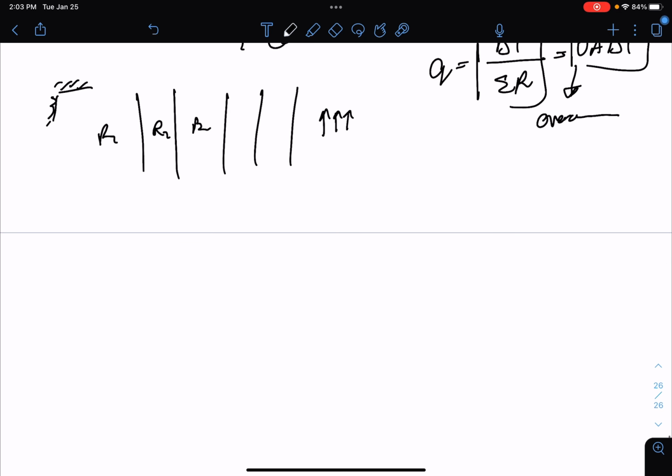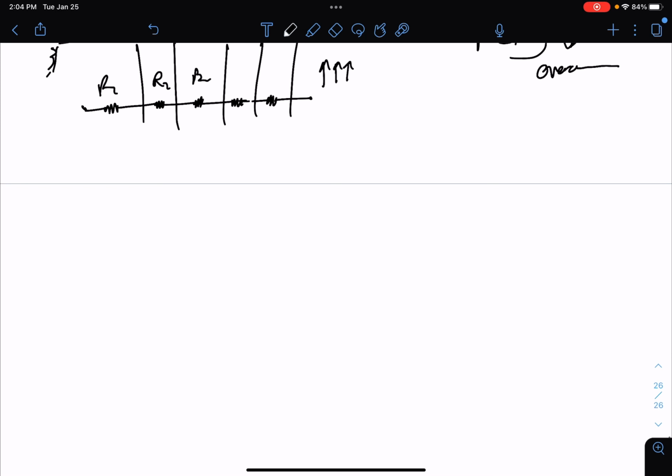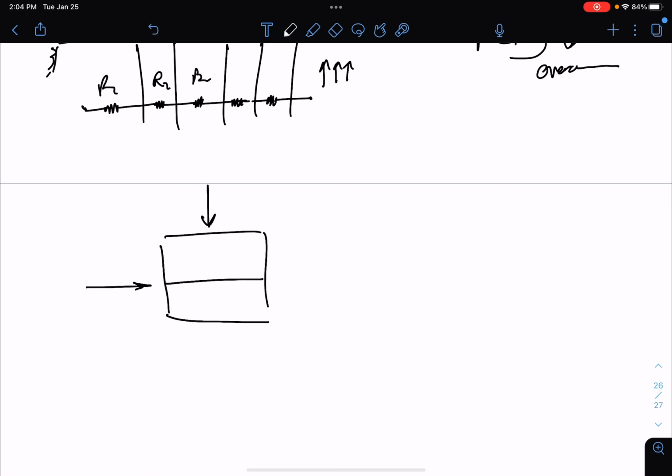But so far we have only talked about the series resistances, right? So these resistances are in series with each other. What if they are parallel to each other? This type of wall. Let's say you have heat coming instead of this orientation, this axis. Heat is transferring from here to here, right?